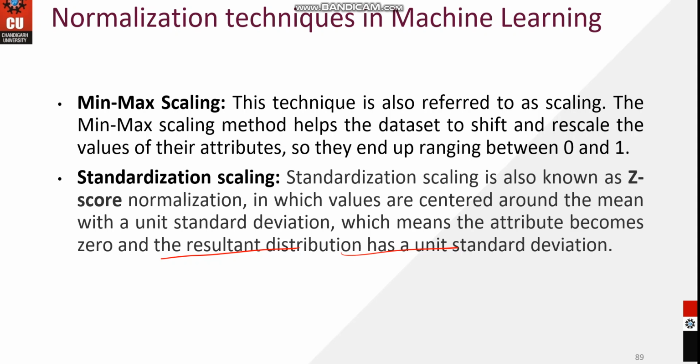Which is suitable for a machine learning model, normalization or standardization, is a challenging question. This is a big confusion among data scientists and machine learning engineers. Normalization is useful when you don't know the feature distribution exactly.